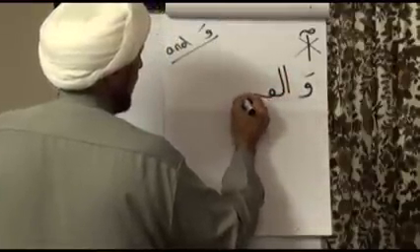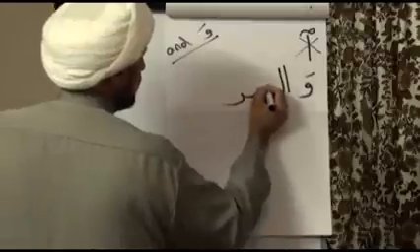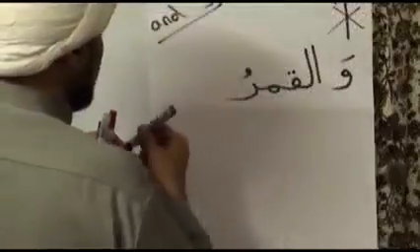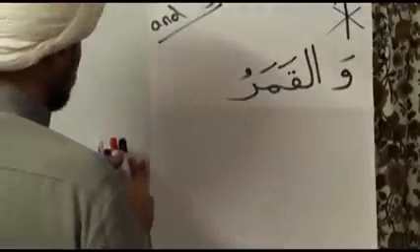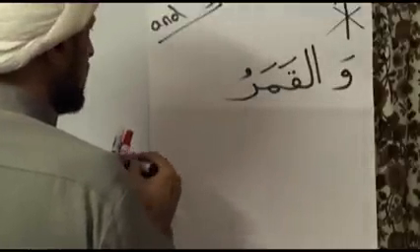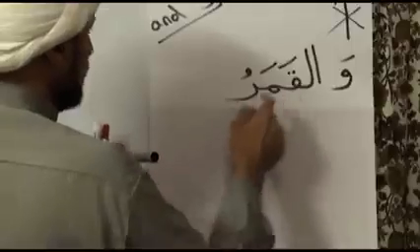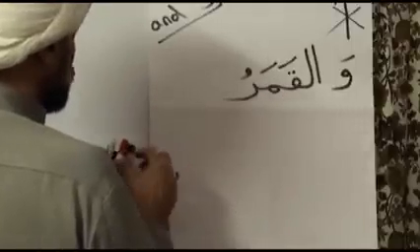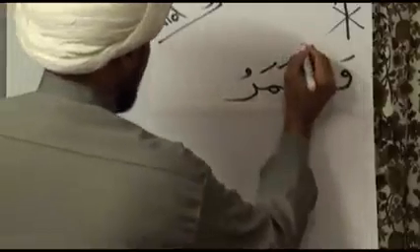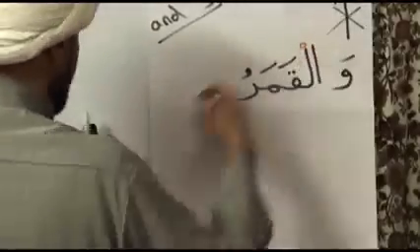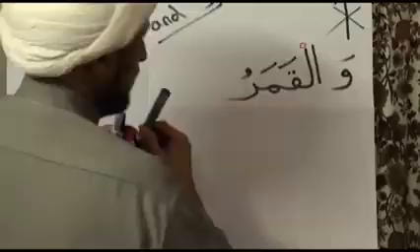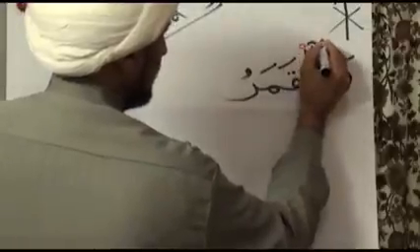Let me give you an example: wal qamar, and the moon. Wal qamaru. Now here, remember, it's a moon letter, so the lam is pronounced. And this one has this sign on the alif.